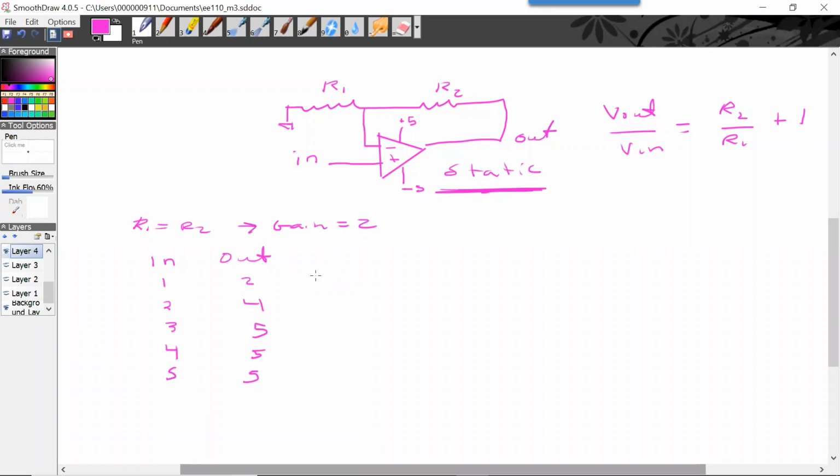Ideally, it would be 2, 4, 6, 8, 10. But the limits of the power supply, if the signal can't go over your power supply, then it'll be linear as long as the absolute value of V in is within that limit.